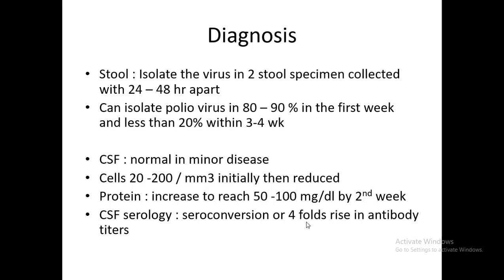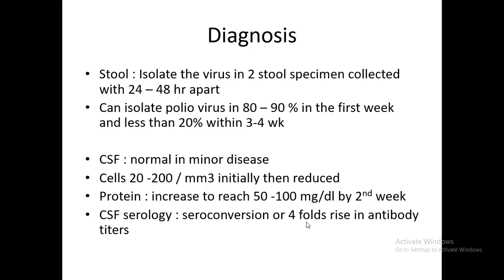Then we do the AFP, acute flaccid paralysis workup, by collecting stool to isolate the virus. 2 stool specimens are collected 24 to 48 hours apart, and in the first week we can isolate it. The isolation yield is positive in 80 to 90% of cases, and this percentage is reduced in the subsequent weeks.